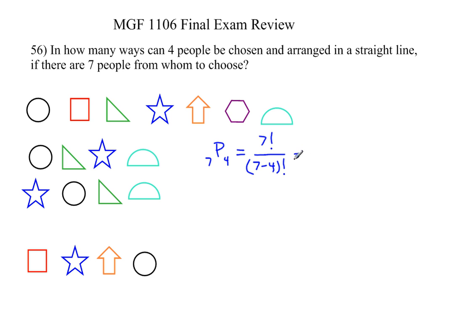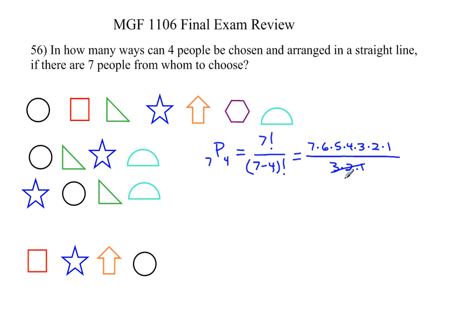The definition of factorial is 7 times 6 times 5 times 4, 3, 2, and 1. Since 7 minus 4 is 3, the denominator is 3 factorial, or 3 times 2 times 1.